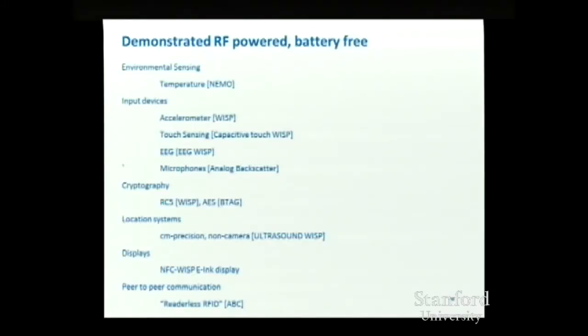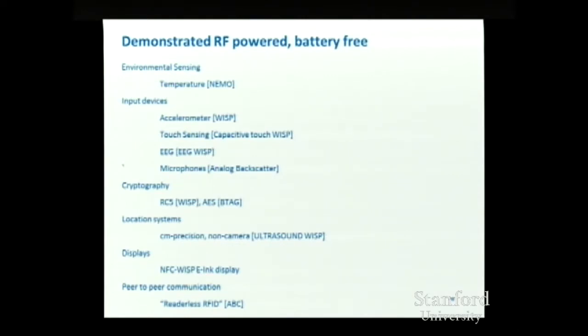If you step back and think about all of these things that I've showed you so far, what I think is exciting about it is that we've demonstrated that we can do RF-powered, battery-free versions of many of the components of various kinds of ubiquitous computing systems that you might be interested in. I've showed you environmental sensing, for example, temperature sensing in the NEMO project. Several different input devices: we did accelerometer, touch sensing, EEG, and microphones.